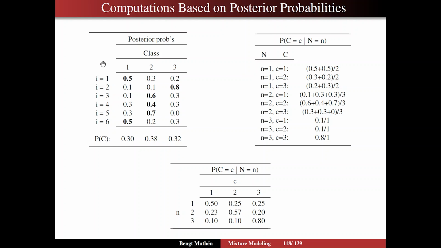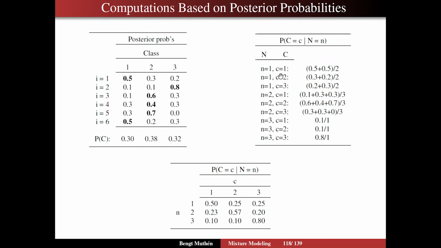So top left here, we repeat the table that we just looked at. And now we're going to try to figure out how the interim table, what I refer to as the top table of slide 39, is actually computed. Probability of c given n. So let's take our time with this. First we have n equals 1, c equals 1.